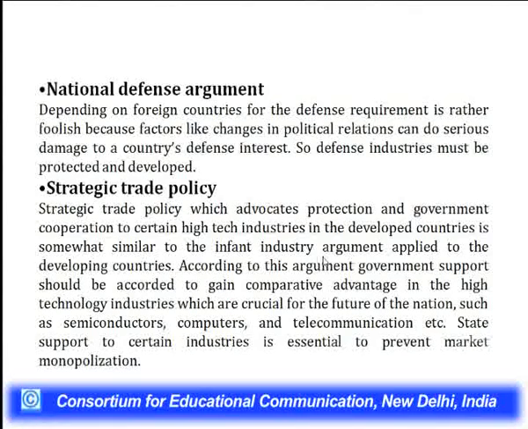According to this argument, government support should be accorded to gain comparative advantage in the high technology industries which are crucial for the future of the nation, such as semiconductors, computers and telecommunication. State support to certain industries is essential to prevent market monopolization.